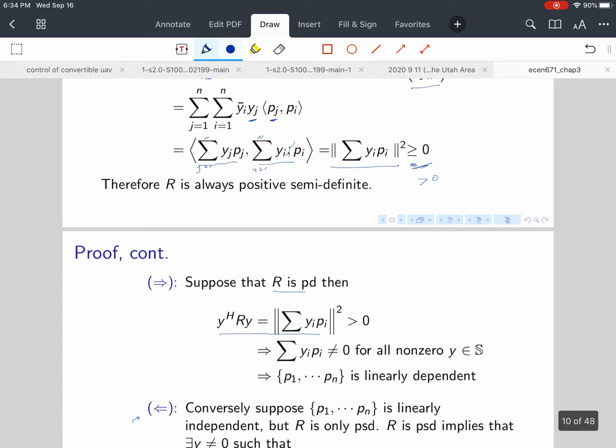Okay, so suppose that R is positive definite, then when we write it like this, we have to have greater than 0, not greater than or equal to 0. So since the norm is 0 if and only if the thing inside of it is 0, and the norm is strictly greater than 0, this vector here has to be non-zero. And it's non-zero for every y in C^n.